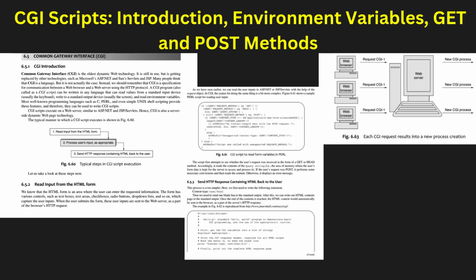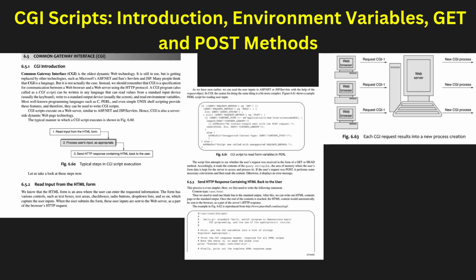So now CGI script, Common Gateway Interface. Common Gateway Interface scripts enable dynamic content on web pages by interacting with servers. These scripts are often written in Perl, Python or PHP to handle form submission and database queries. Environment variables store session related data such as user input, server details.